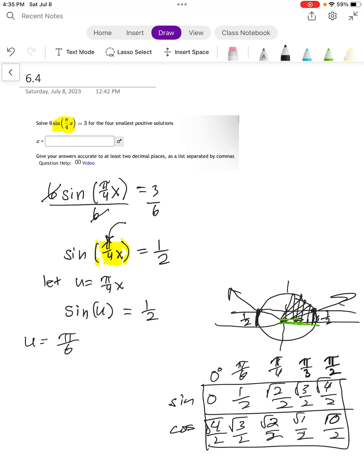This is the angle in the first quadrant, pi over 6. But then there's also one in the second quadrant that would also produce a height of 1/2. So this is the first quadrant answer, and this is the second quadrant answer.